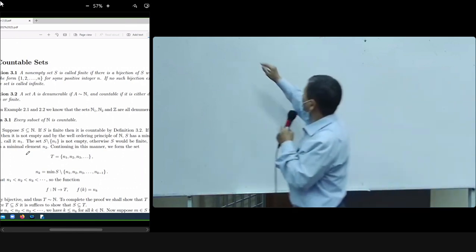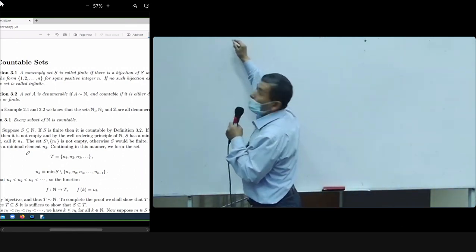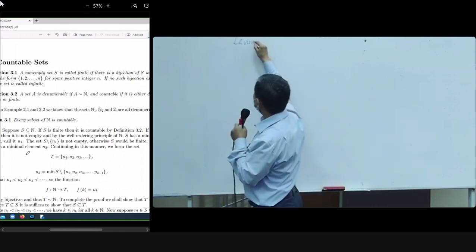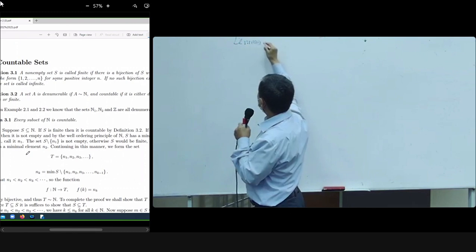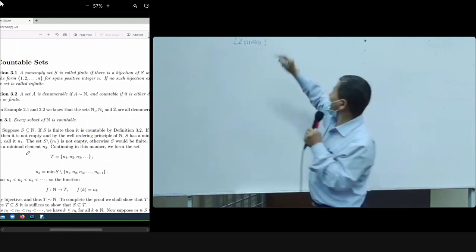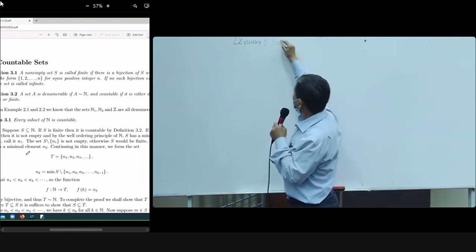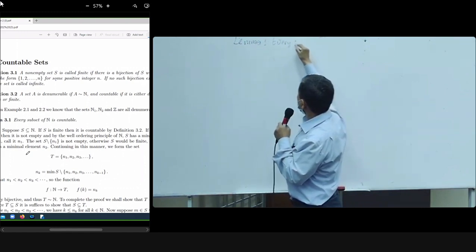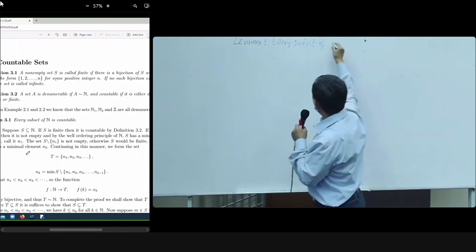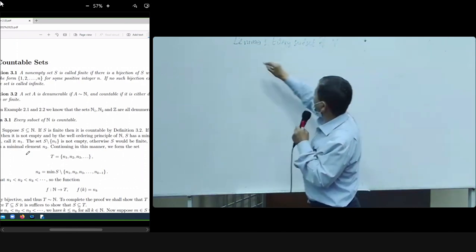So how to prove? It is called a lemma. Lemma: every subset of N is countable.